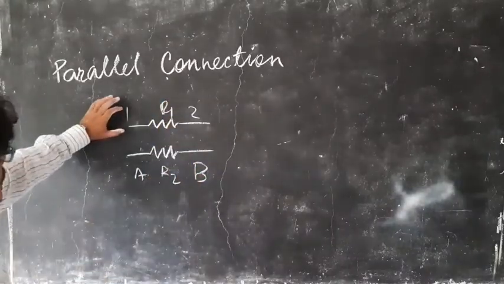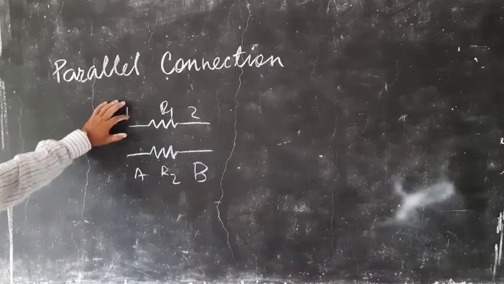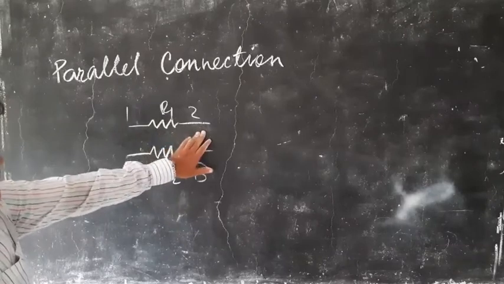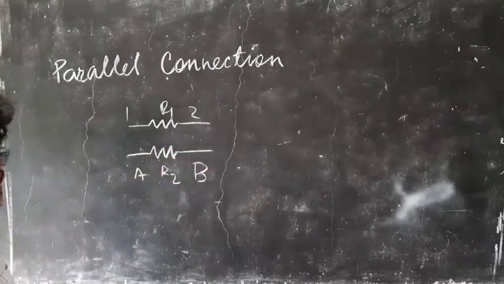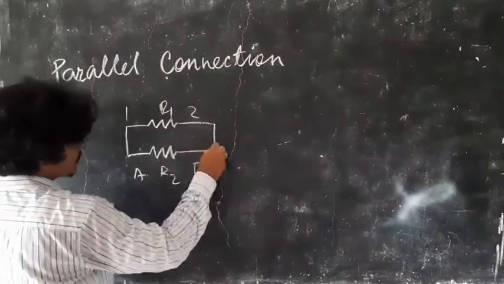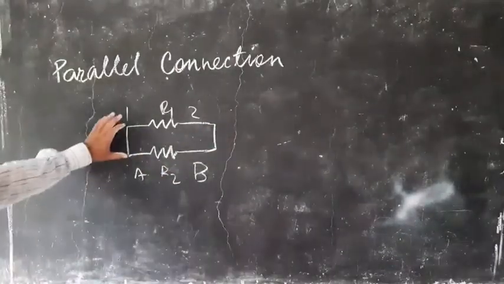When one leg of one resistance is connected to one leg of another resistance, and the second leg of the first resistance is connected to the second leg of the second resistance, so it will become parallel.